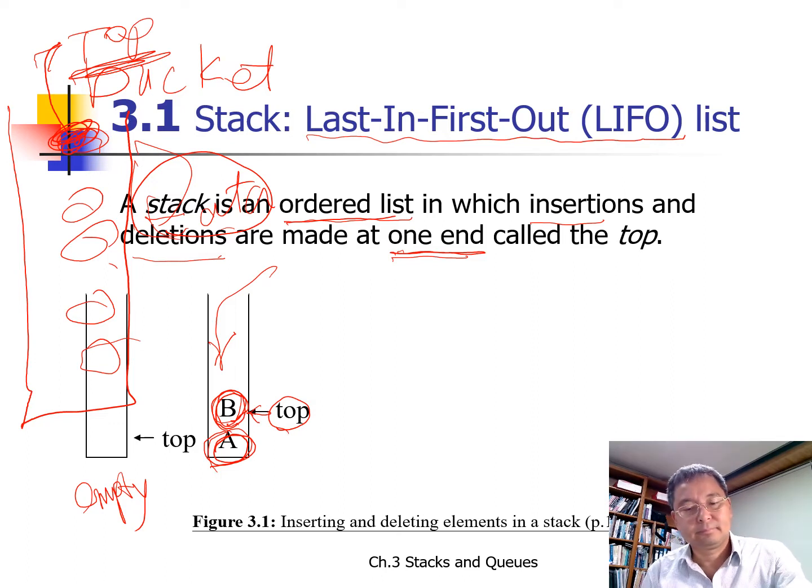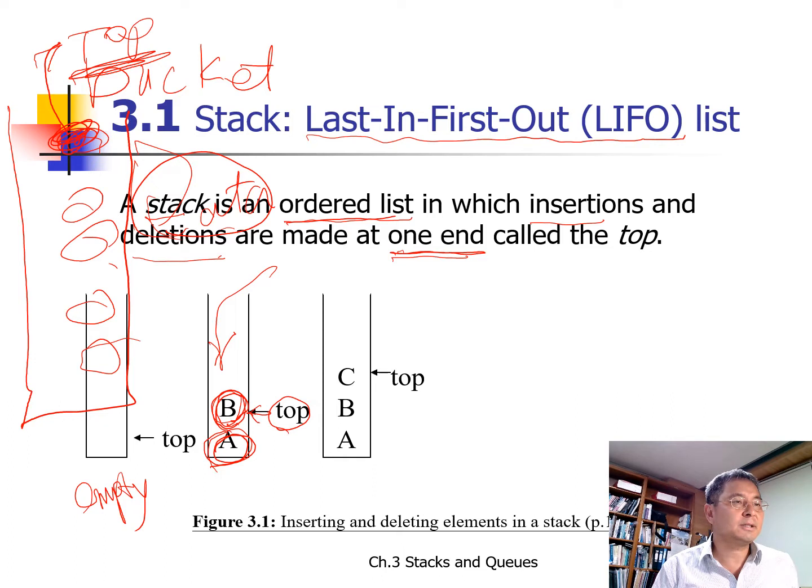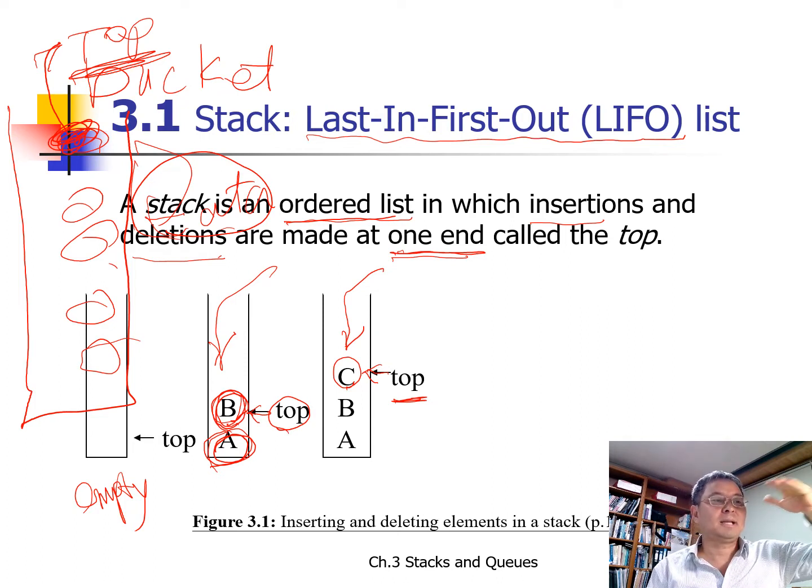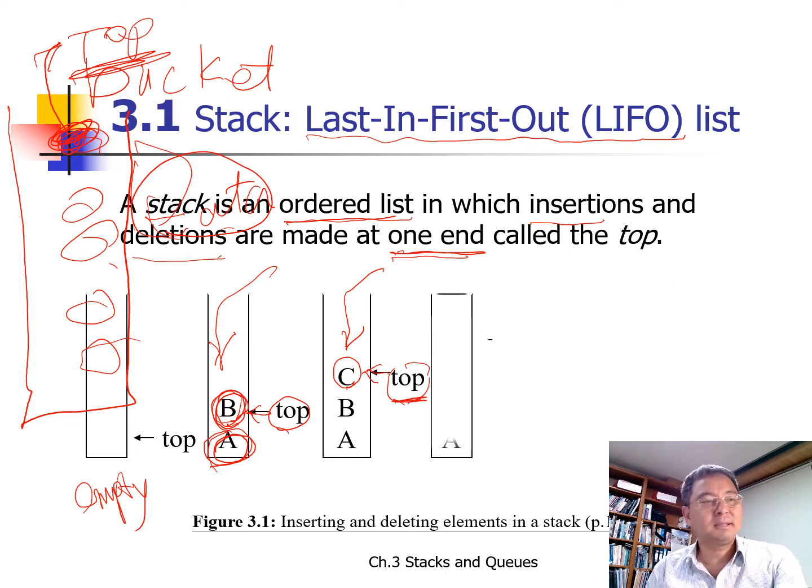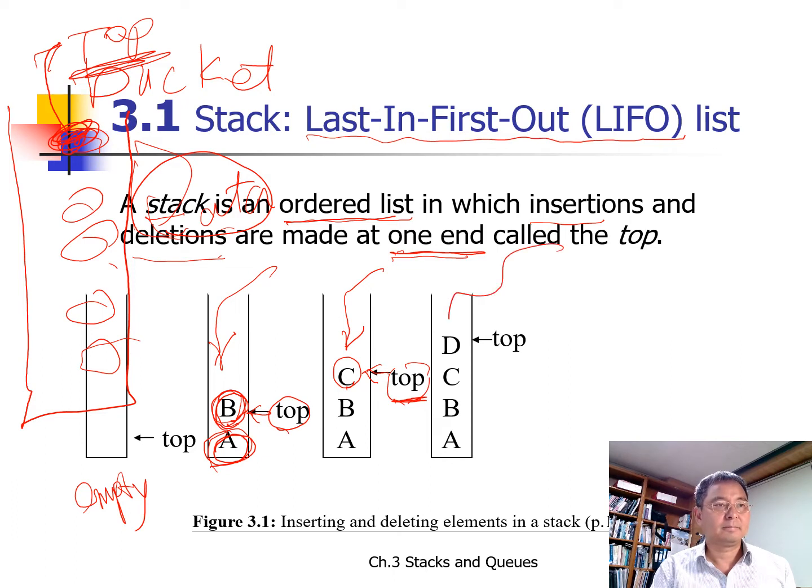Then a third data item is inserted through the top, and C's location is above B. At the same time, the top pointer is pointing to data C. The top data will always be pointed to by this top pointer. Next, another data D is inserted through the top, and the top goes up one step.